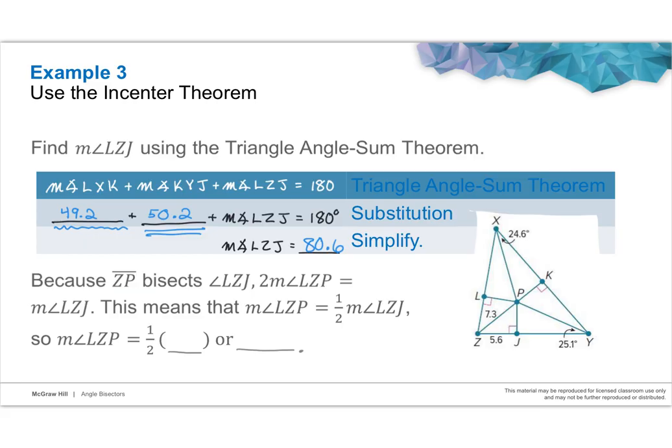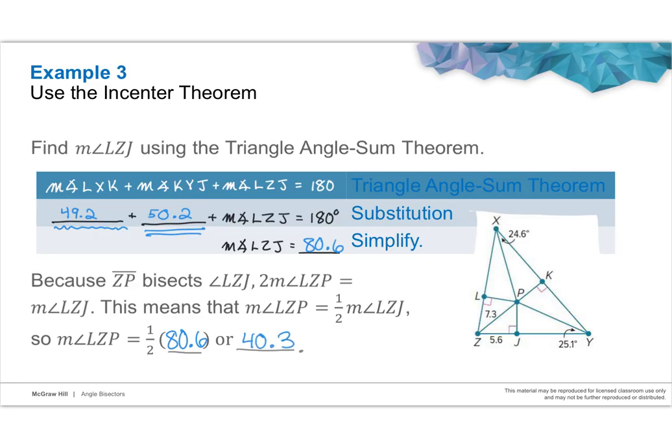So two of those measures of LZP, which is what we need to find, is equal to the measure of LZJ. So that means that LZP is half of that measure LZJ. So half of our 80.6 is equal to 40.3.